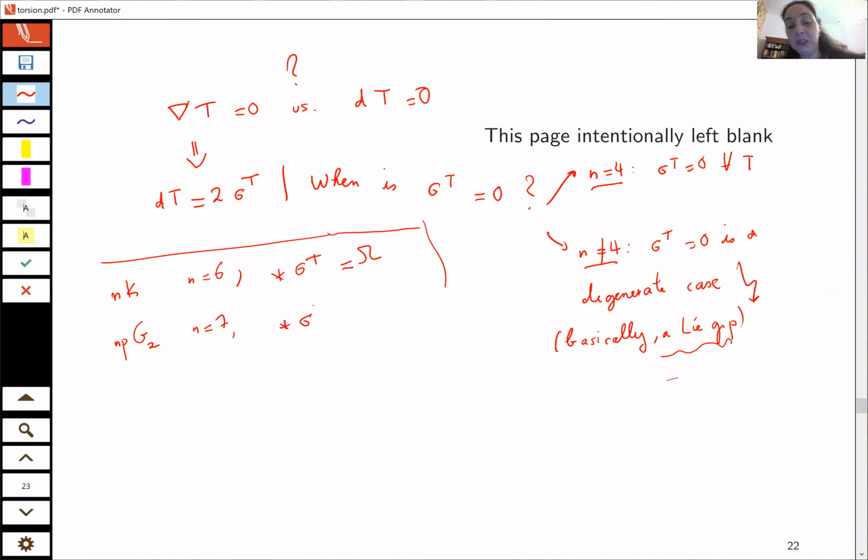Then this Hodge star is going to be a 3-form, and it's just the 3-form defining the G2 structure. And again, we know that the 3-form defining a G2 structure is as non-degenerate as a 3-form can be. The form is 0 if and only if the Hodge star is 0.